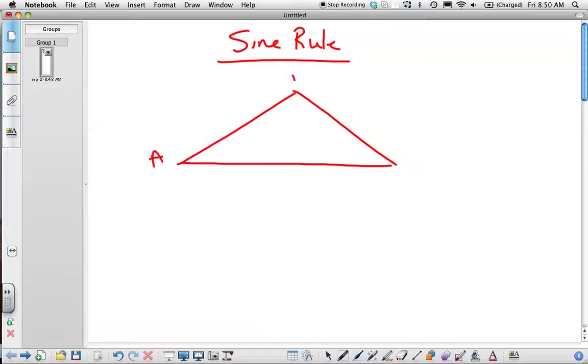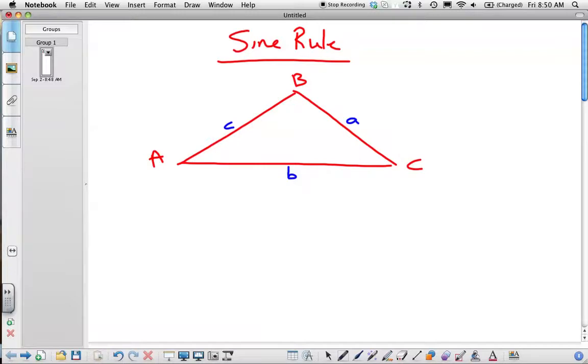ABC, remember how we always label these triangles when they are not right-angled triangles. We label the side opposite the angle with a small letter. So I've got ABC like that.